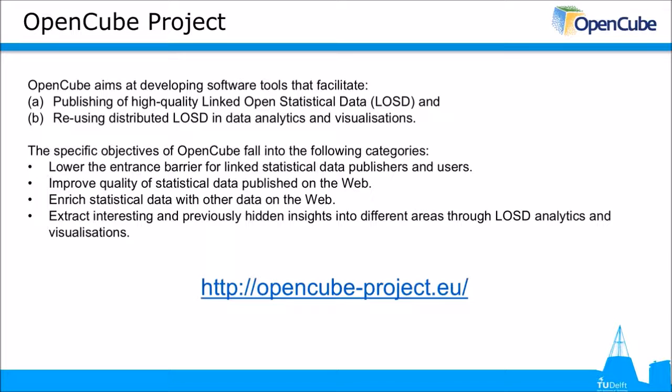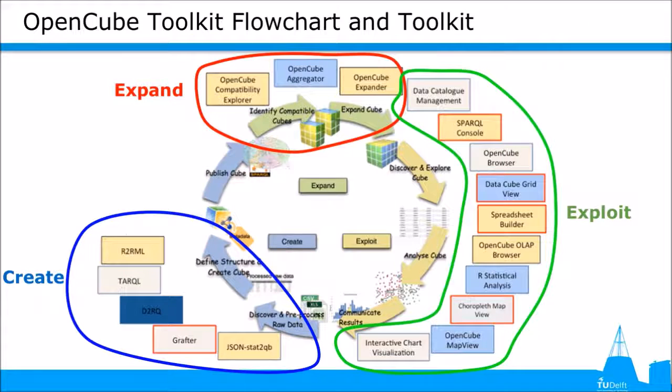As Ricardo mentions in the linked open data lifecycle, there are three groups of tools according to the LOD lifecycles. The first one is creating LOD tools. The OpenCube toolkit involves several tools, for example, Tarquel, D2RQ, Grafter, R2RML, JSONstat to QB. I will explain to you after this.